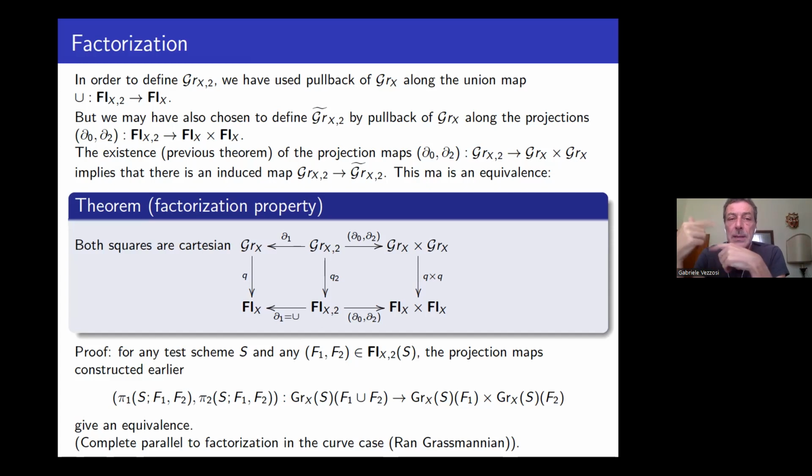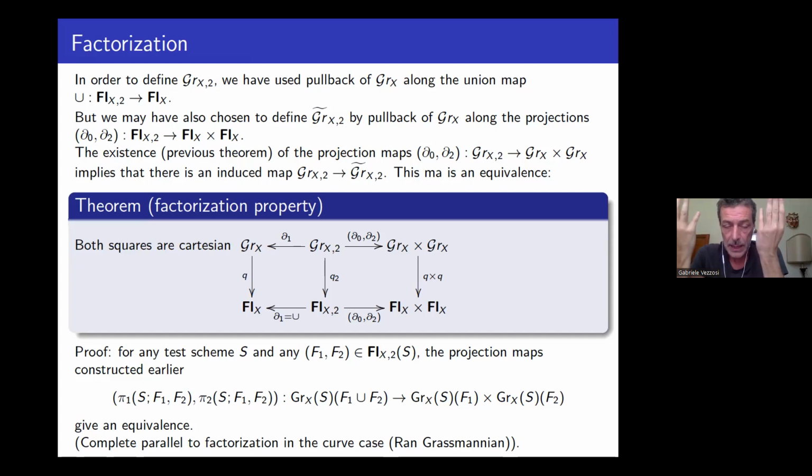So the existence, which is the previous theorem, of the projection map delta 0, delta 2 from GR X2 to GR X times itself implies that there is an induced map between our version, the version that we defined for GR X2, and this GR X2 tilde, where you take the pullback with respect to different maps. And the factorization property, if you remember, would be that this map is an equivalence.